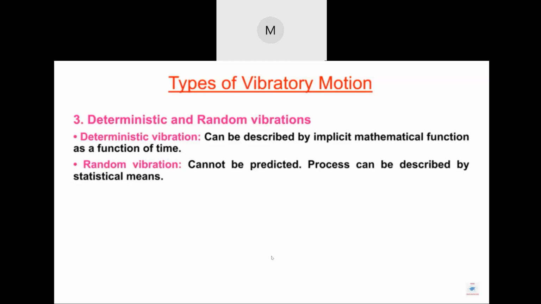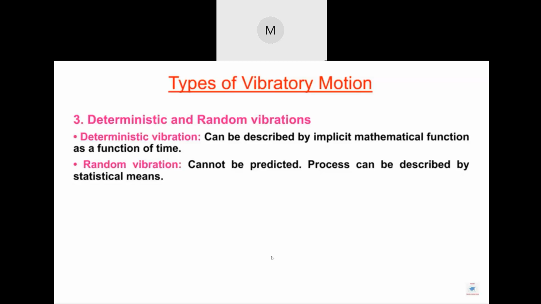The process can be described by statistical means, that is statistical analysis. In case of deterministic vibration, vibration amplitudes can be determined easily. But in case of random vibration, the amplitudes we have to find by statistical analysis. This kind of analysis is much more difficult than deterministic vibration.